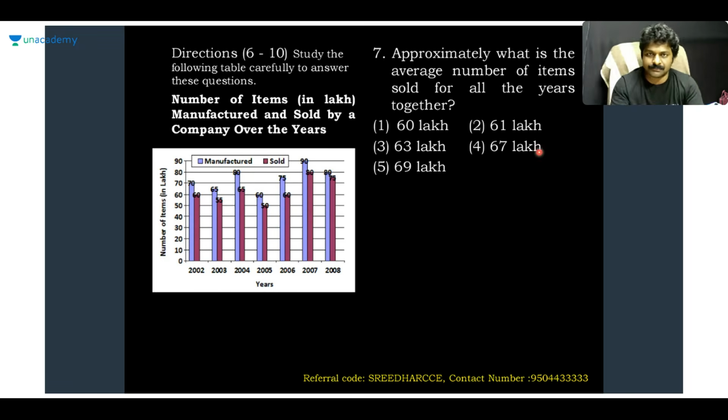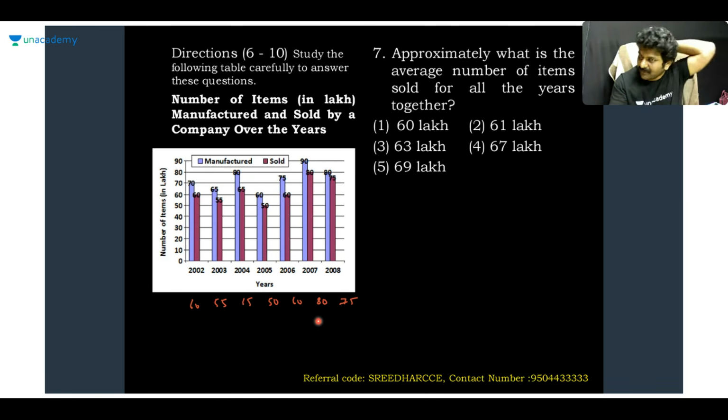Approximately what is the average number of items sold for all the years together? Average number of items sold. Items sold in the sense which are in magenta color. Purple color you can say. Let me write numbers. 60, 55, 65, 50, 60, 80, 75.